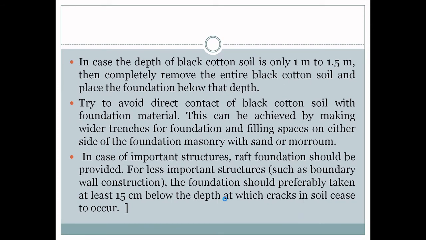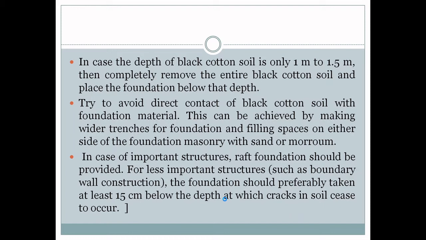Next, in case the depth of black cotton soil is up to 1 meter to 1.5 meter, then completely remove the entire soil and place the foundation below that depth. As much as possible, avoid direct contact of black cotton soil with the foundation material. This can be achieved by making wider trenches and filling spaces on either side of the foundation by masonry with sand and murum.